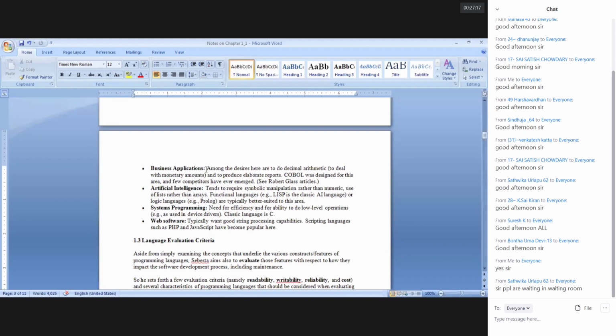functional languages, Lisp is one language used in AI, or logic languages, Prolog. Lisp and Prolog are more popular languages where they handle strings easily.